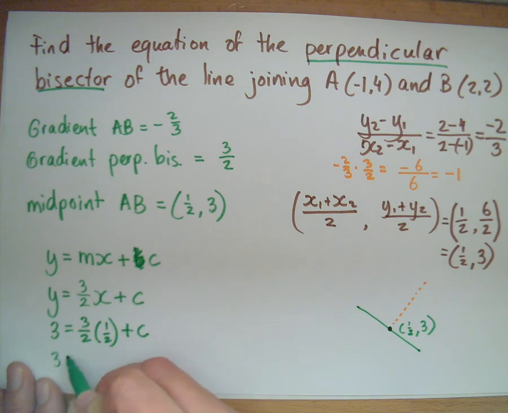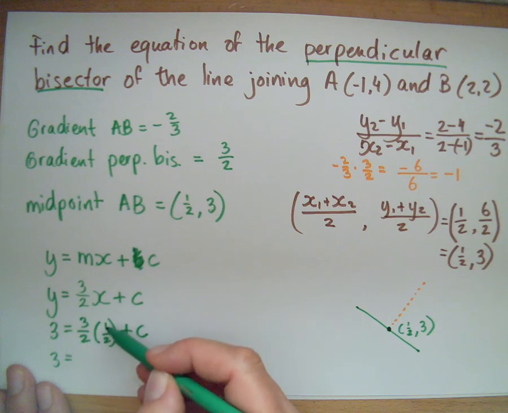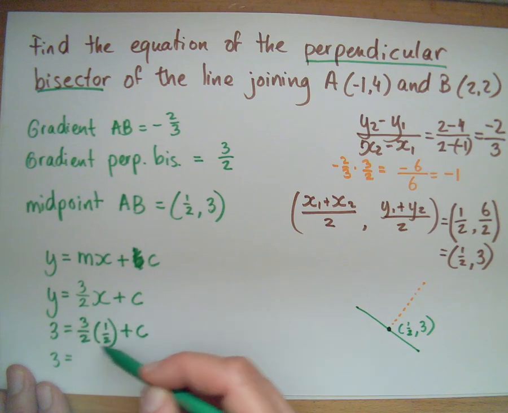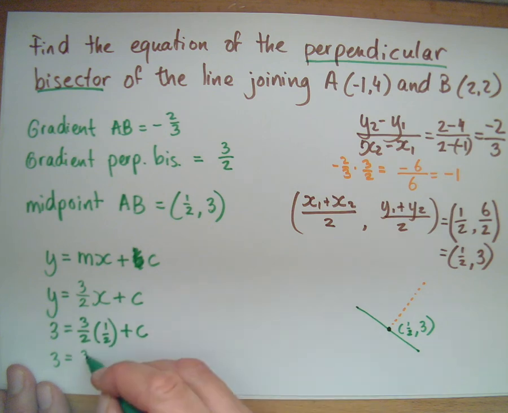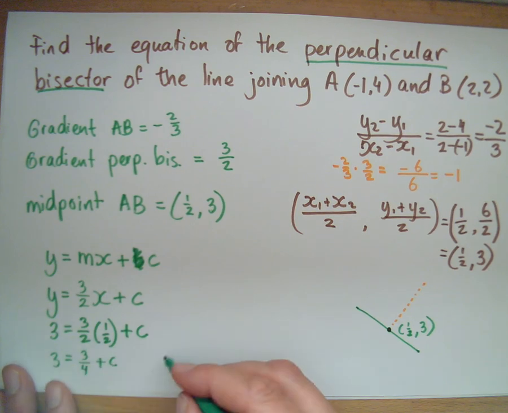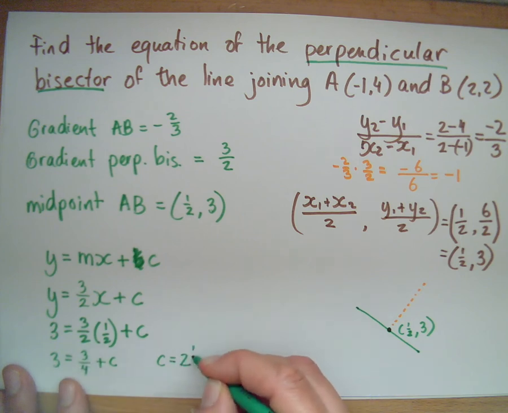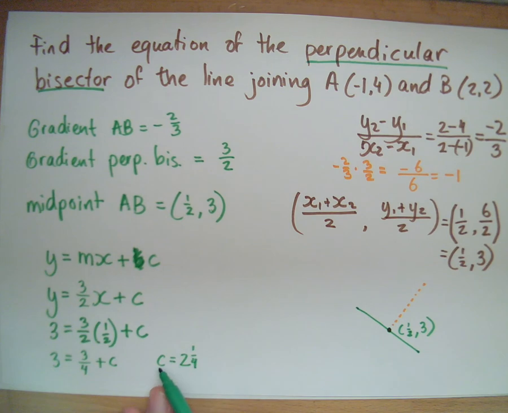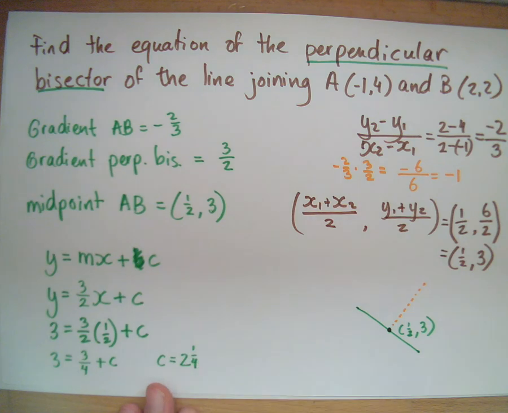So 3 equals 3/2 times 1/2, which is 3/4, plus c. Solve for c. c equals 3 minus 3/4, so 2 1/4. That is the y-intercept. We can replace this c by 2 1/4.